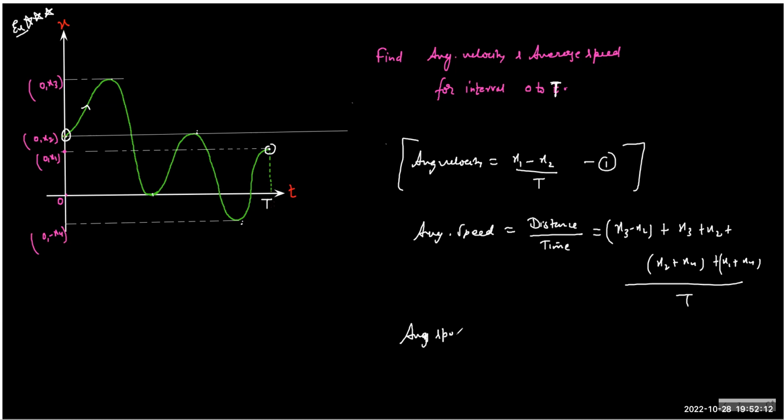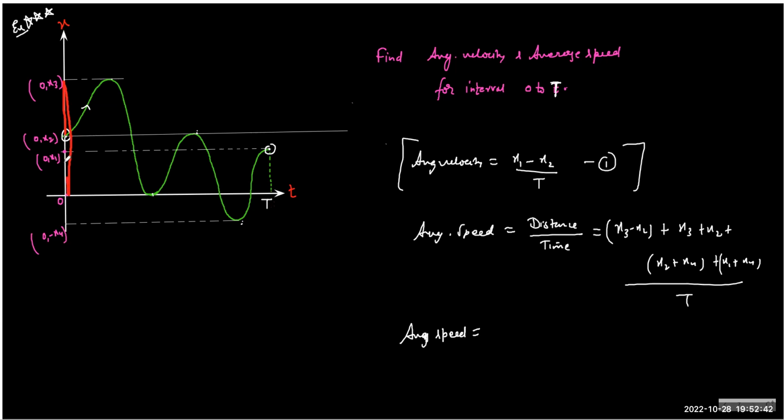How do you calculate the distance? By measuring the length of the path which you traverse, right? So what is happening here? Look at this. You are going from here, and traveling back till here. Now you can calculate easily along with me. Tell me how much you travel. X3 minus X2. Very good. Then you come back till here. How much? X3.